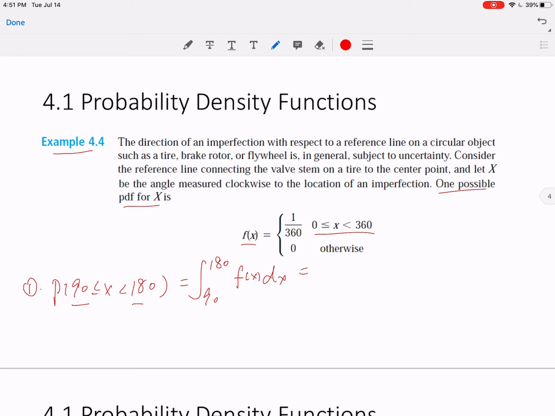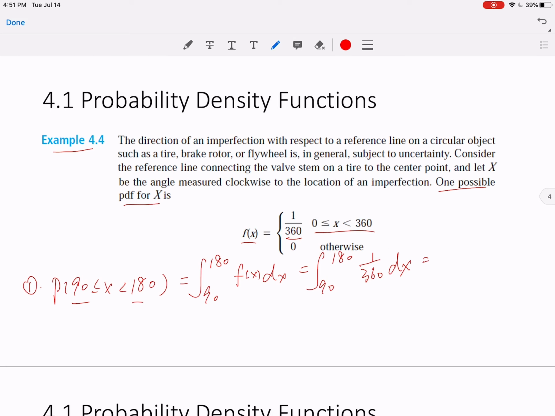And then we just plug this function back into here. We're going to have the integration from 90 to 180 of 1 over 360 dx. And this would be equal to, we know the integral of 1 over 360 would be 1 over 360 x, and then from 90 to 180.